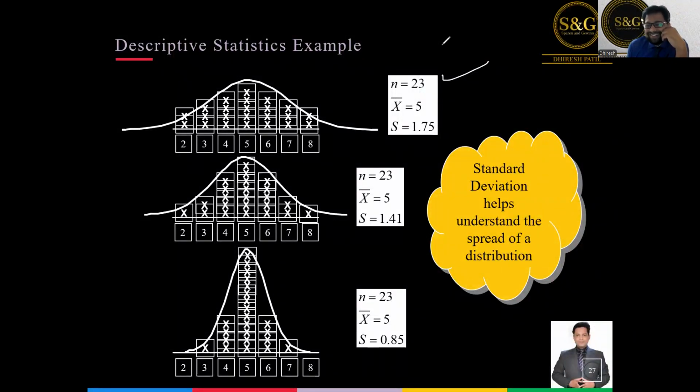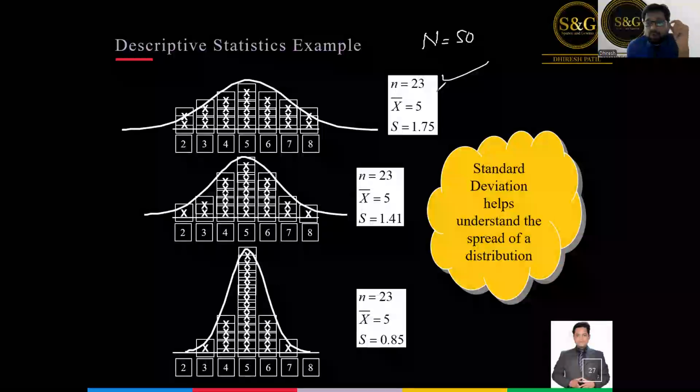Number of data points, number of samples, right? If we have 20 data points, my N will be 20. If I measure 50 people's heights, my N will be 50. N is equal to the number of samples or data points under study. In this case, N is equal to 23.